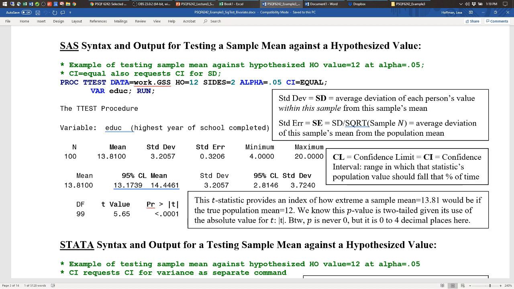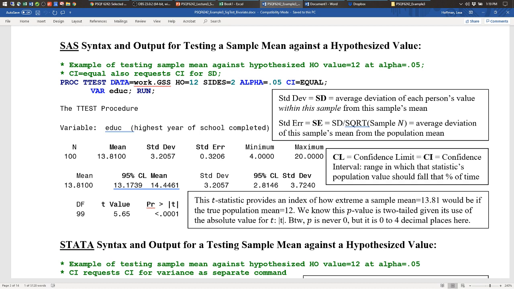That's a sample mean, so we would call that either Y bar or the letter M. Standard deviation, so how far off, on average within this sample of 100 people, the average offness from the mean is about 3. So we can use that information right there, along with sample size, to get the standard error.